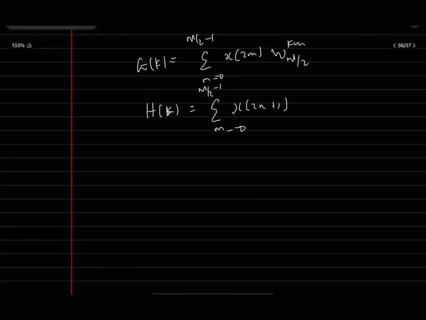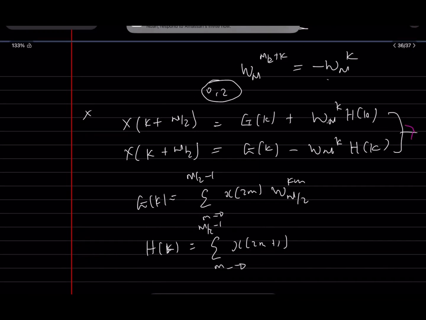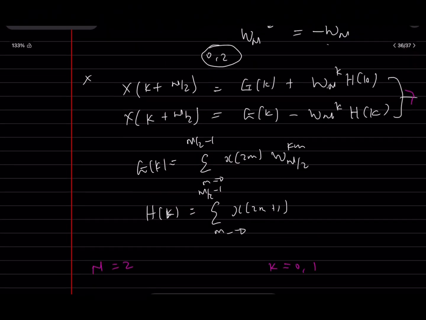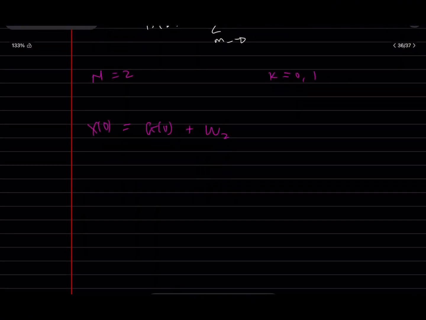So let's look at something here. These are some cases that we can consider as well. If we have the number of points to be 2, which is a 2-point sequence, then our k will be 0 up to 1. Then we can use these two symmetric properties here and say that our X of 0 is equal to G of 0 plus omega 2 to the power k, where k is 0, multiplied by H of 0.